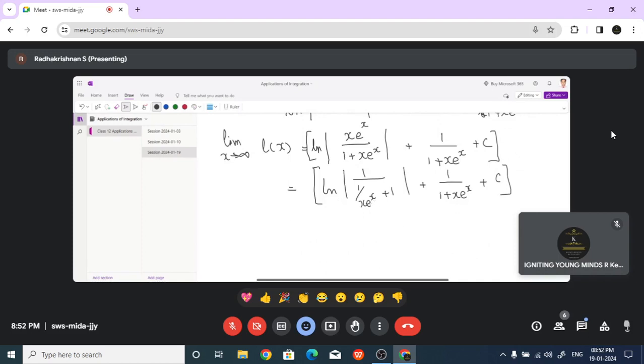Now we can substitute x equal to infinity. The limit will be what? You put x equal to infinity, this term will tend to 0, and this term will tend to infinity, so this whole thing will tend to 0.